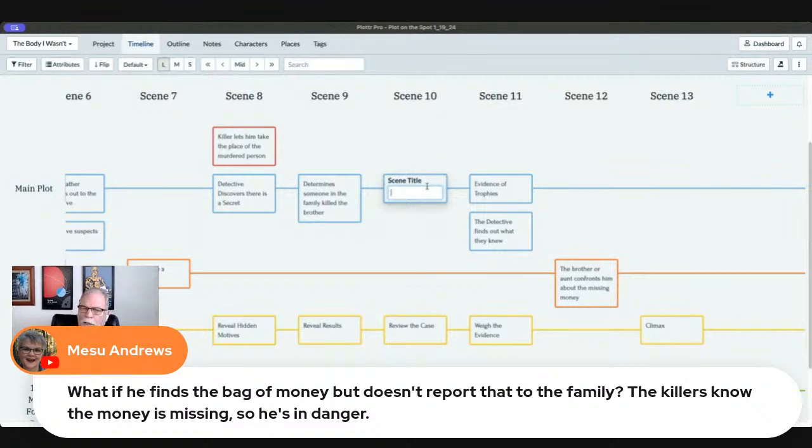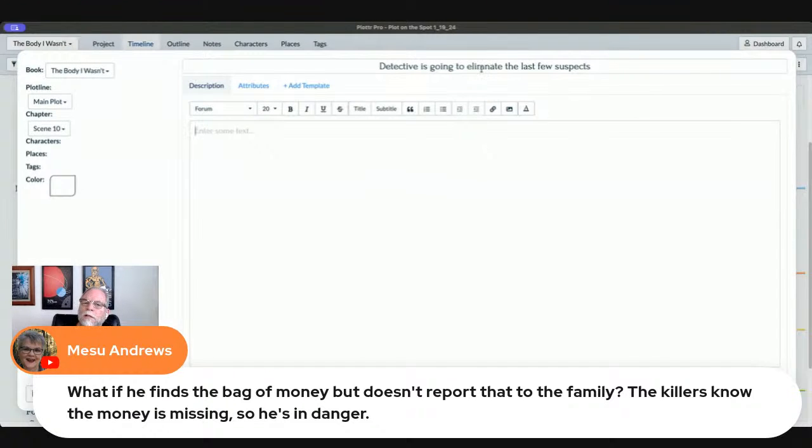Now, where he reviews the case, this is where the detective is going to eliminate the last few suspects. So at this point, he's going to eliminate, my goodness, can't spell. Okay, he's going to eliminate the last few suspects. So he's going to narrow the pool to just the brother and aunt.